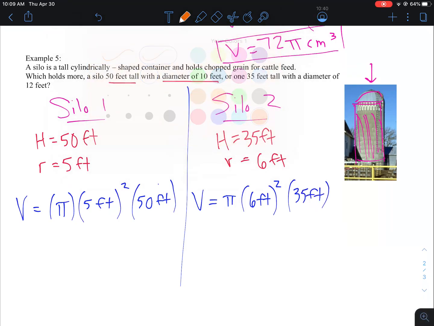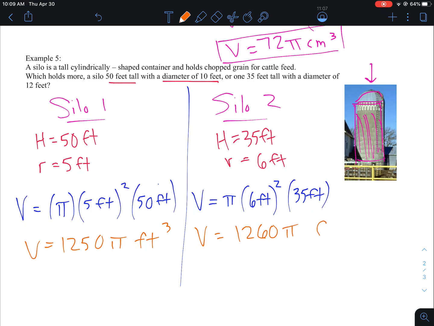And if you just work with the numbers, 5 squared is 25 times 50. This is going to be 1250 pi feet cubed. And you don't have to multiply by pi because you can still compare the coefficients, the numbers in front. And over here, this one, guys, 6 squared is 36 times 35 is actually going to give you 1,260 pi feet cubed.